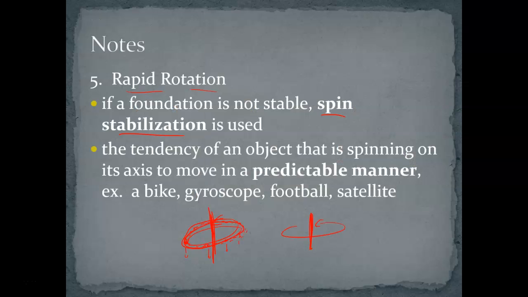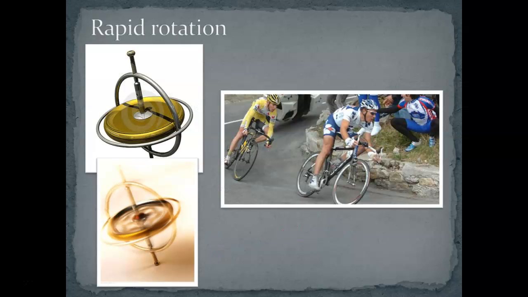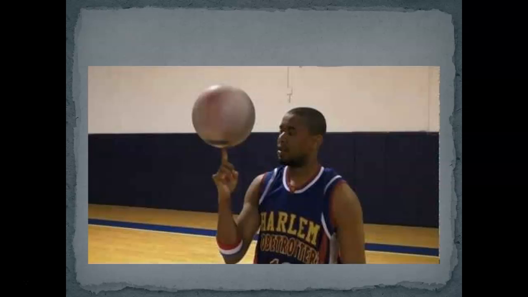Okay, bike, gyroscope, football, satellite, all examples of this. Now, just to show you what this kind of looks like, got a quick little video on spinning a basketball.